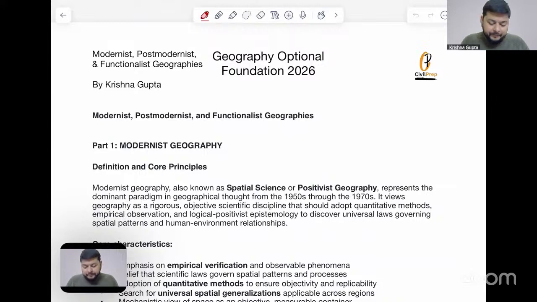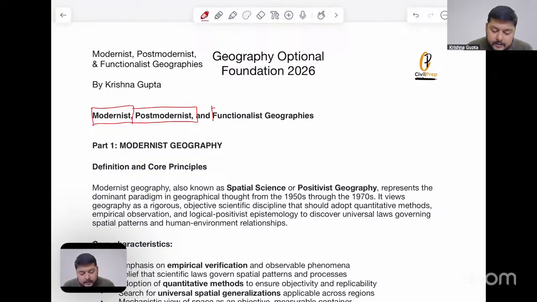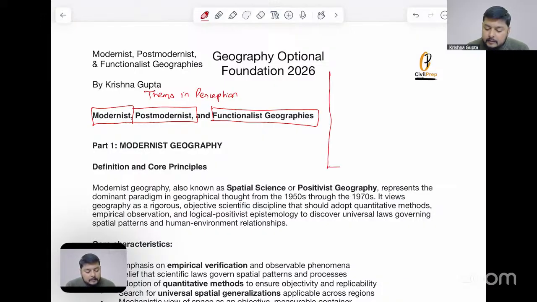Okay, clear. Now, let's move to the next aspect of geography, that is modernist, postmodernist, and functionalist geographies. To understand this, these are basically themes in perception. Now, how they are looked upon: when there was development of the quantitative revolution, it was seen as modern geography.